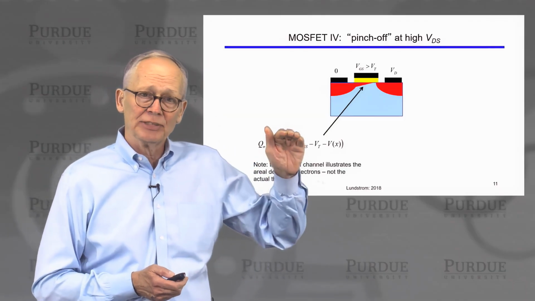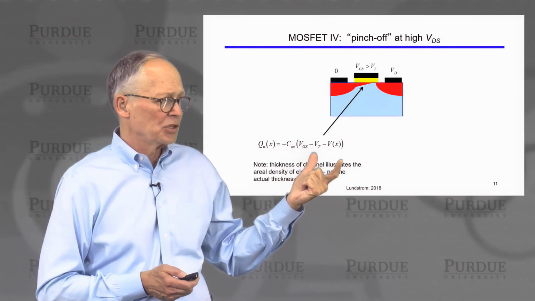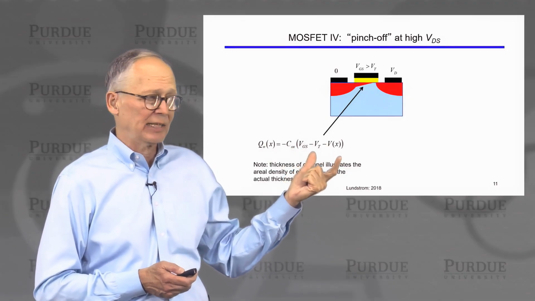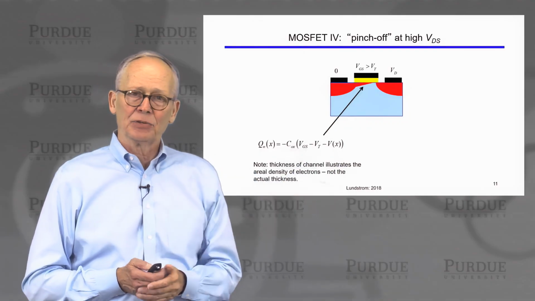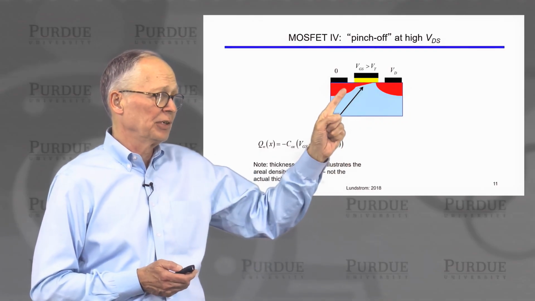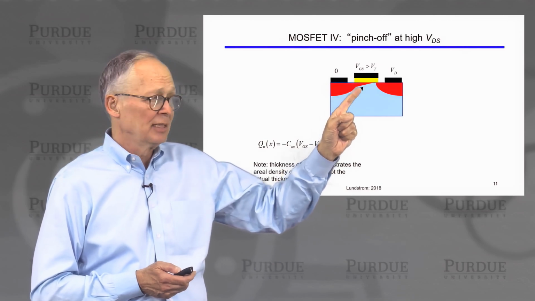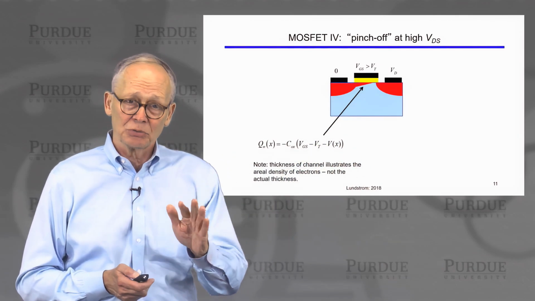That means that we're going to induce less and less charge. We have to modify our charge relation to account for the fact that we have different amounts of charge at different points in the channel because we have a different voltage. The voltage is 0 at the virtual source at the beginning, but it gets bigger and bigger, so the charge gets smaller and smaller as we go towards the drain.